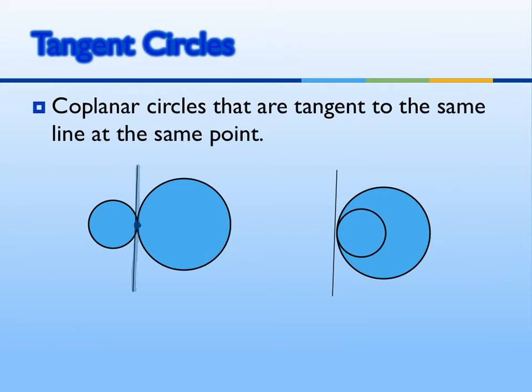These can also be tangent circles because, again, they overlap at one point. If they're tangent circles, it means they are tangent to the same line at the same point. They could be inside or outside, doesn't matter, but they can only overlap at that one point.